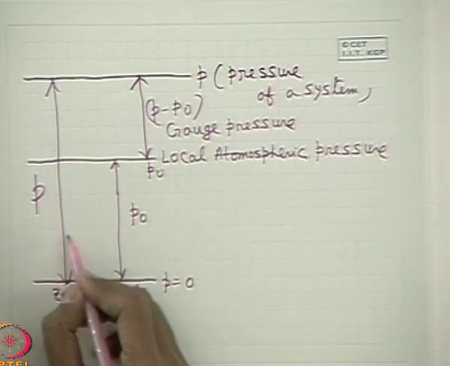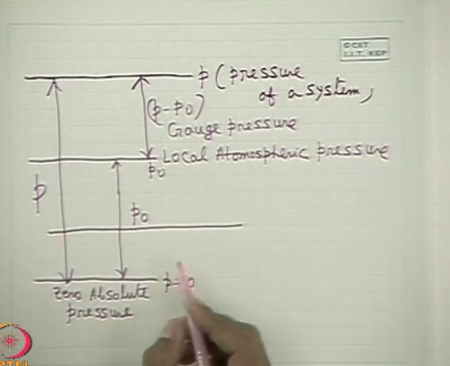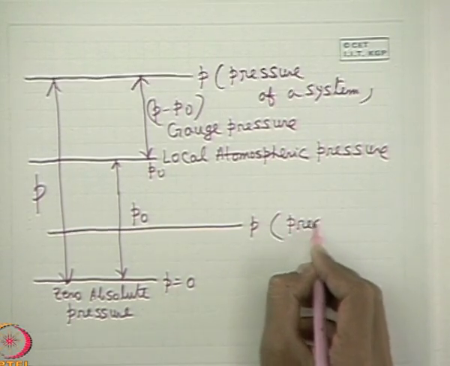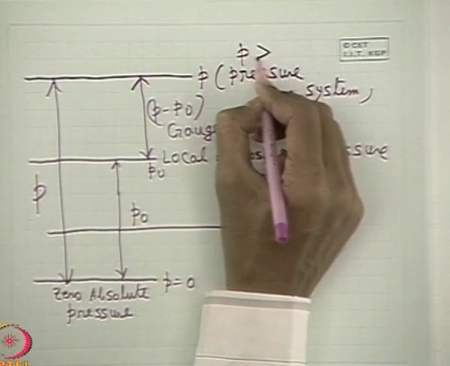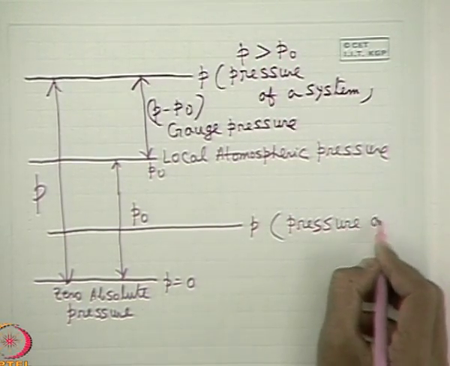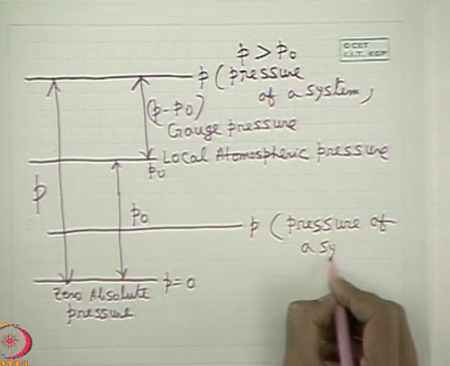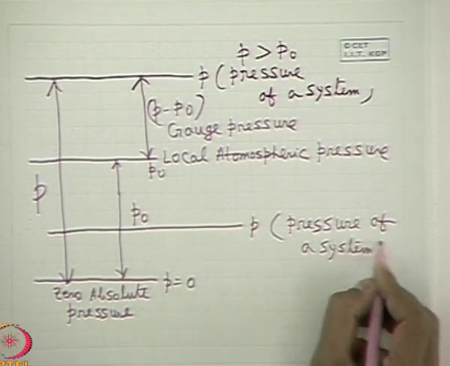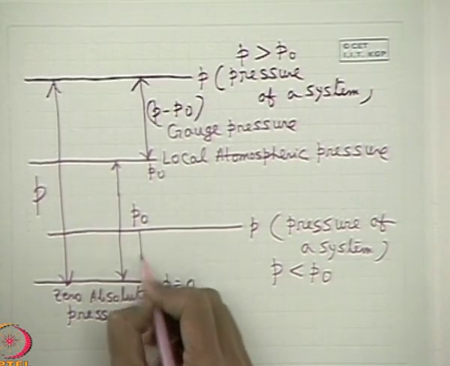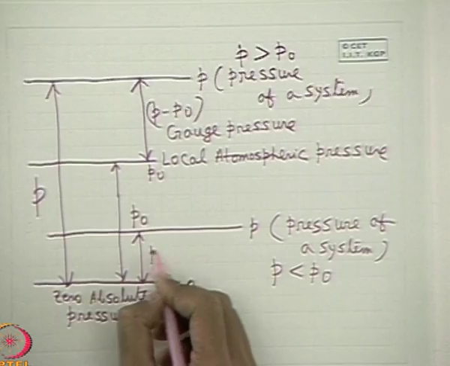Now if a system pressure lies here, that is P, it is the pressure of a system. Here the pressure of a system P is greater than the local atmospheric pressure. Here the pressure of a system P is shown as less than the local atmospheric pressure. So this is its value P, absolute pressure.